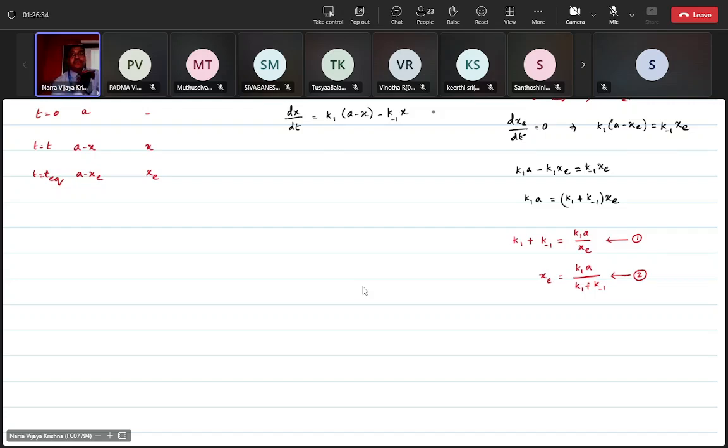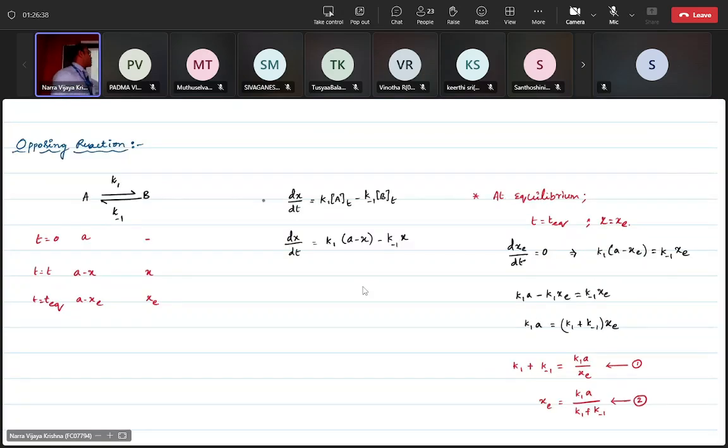Coming to this equation. This is at equilibrium. This is at time t equal to t. We are studying about what reactions? Opposing reactions. We are not studying about equilibrium reactions. We are studying about opposing reactions, means when time t equal to t only, not equilibrium.